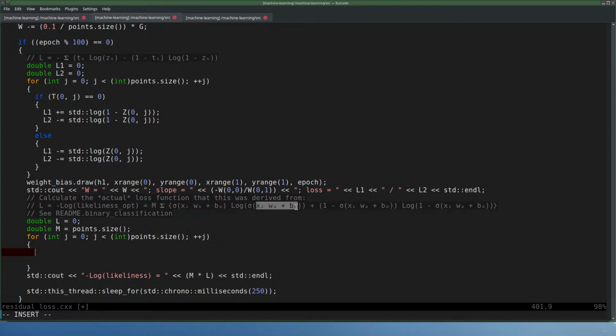Need to calculate that. And I rewrite it as Wx, I think.